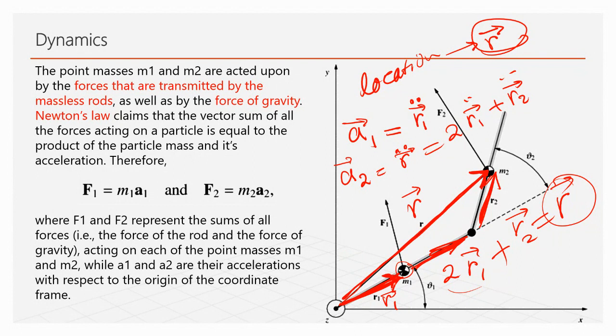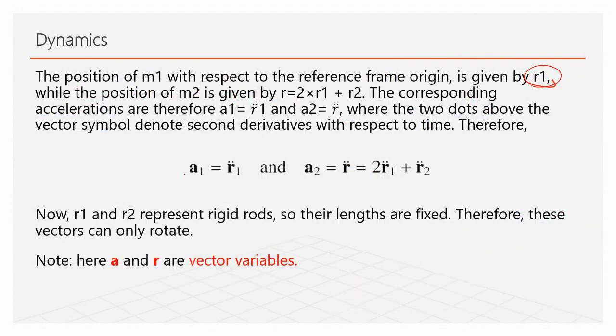R1 simply is known, and R can be found by twice R1 plus R2. That's why the acceleration of mass 1 can be found by the second derivative of R1, and the acceleration of mass 2 can be found by twice the second derivative of R1 plus the second derivative of R2.